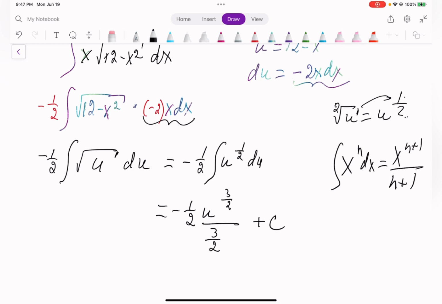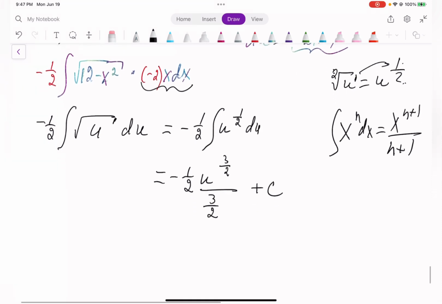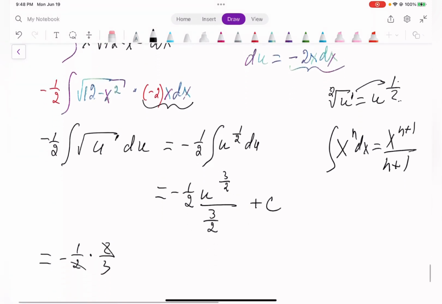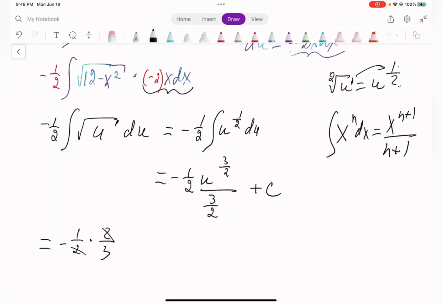Okay, so what we get from here: it's going to be equal to negative 1/2 times 2/3. Okay, 2 and 2 are gone. We end up with 1/3. And instead of u, we have 12 minus x squared, so 12 minus x squared to the power 3/2, and plus c.